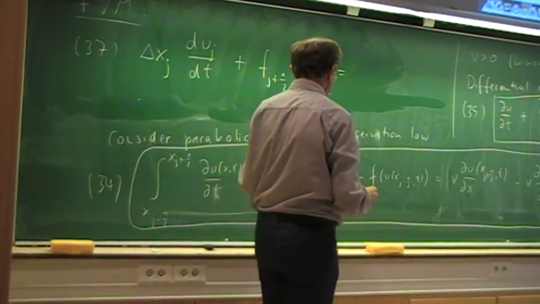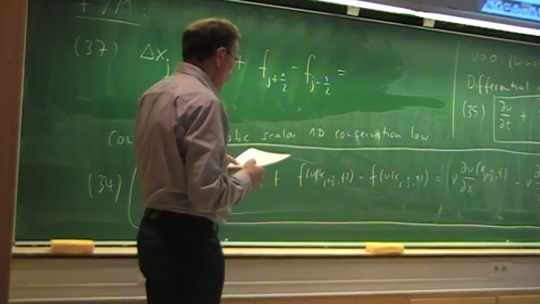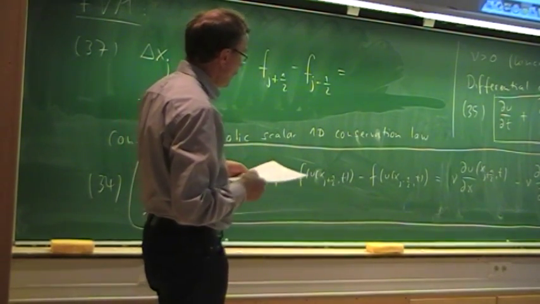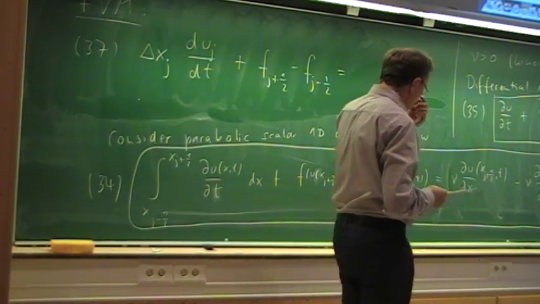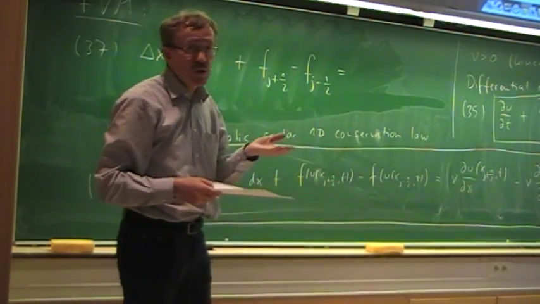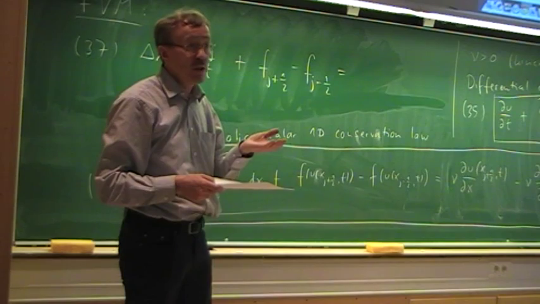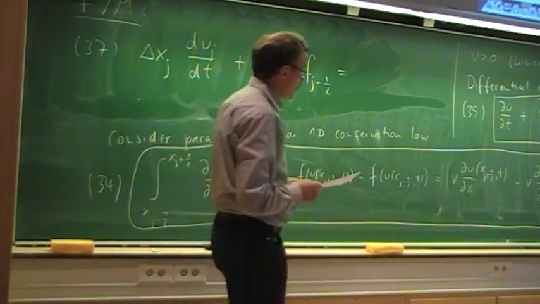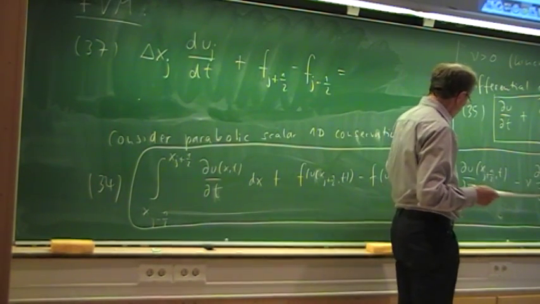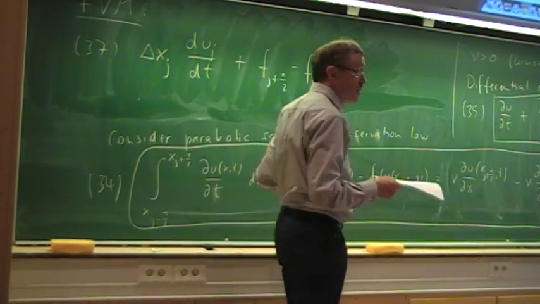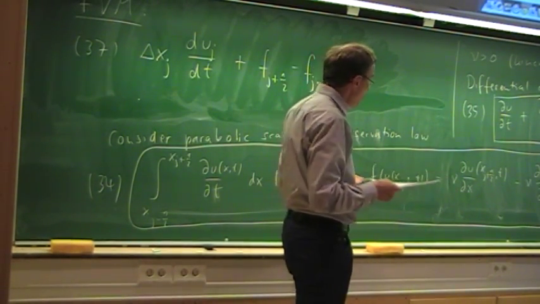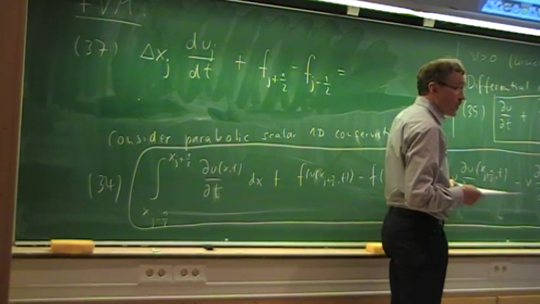And on the right hand side we have then to do the discretization of this. And what we do here is we use the same discretization as we used for the heat equation. For the heat equation we did not have this. We had the temperature instead of u, and this was the thermal diffusivity.